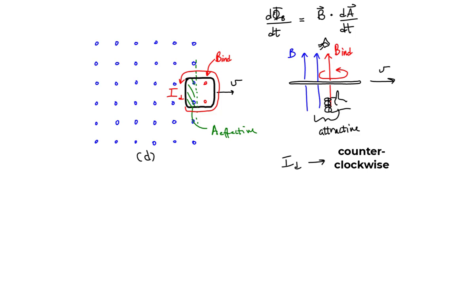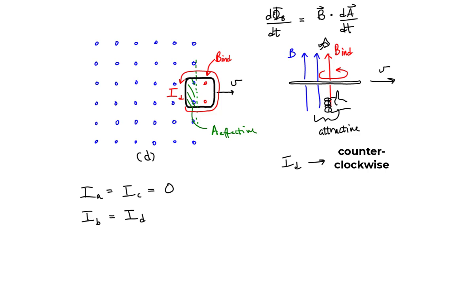So putting all of this together, we see that for parts A and C, there is no induced current. For parts B and D, the magnitude of the induced currents will be the same.